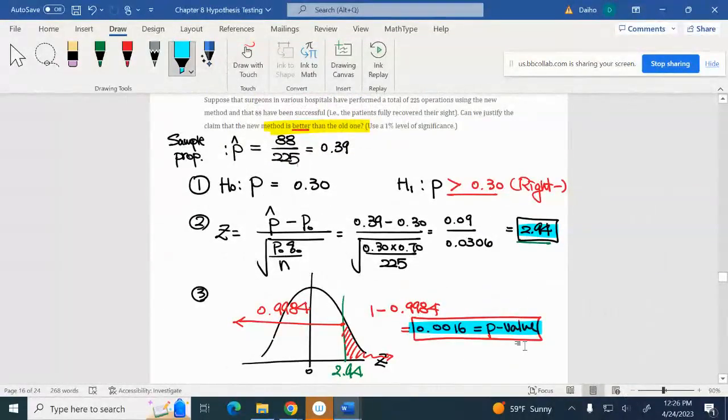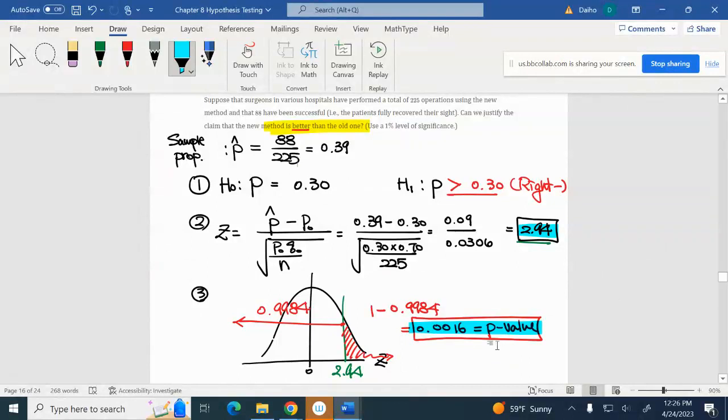How much was the alpha? Alpha was given as 1%. Is the p-value less than 1% or bigger than 1%? Less than 1%, less than the alpha. What was the conclusion? Reject who? H0. Yes.